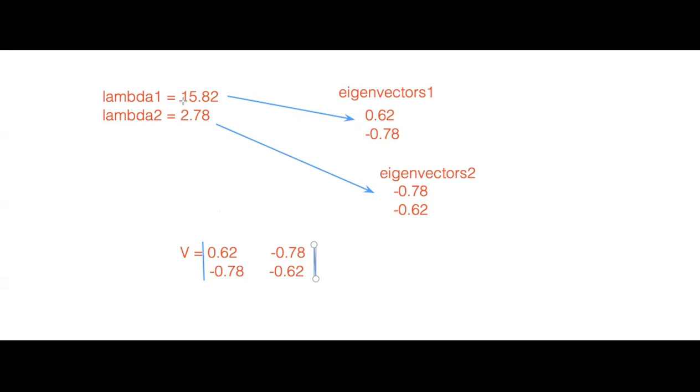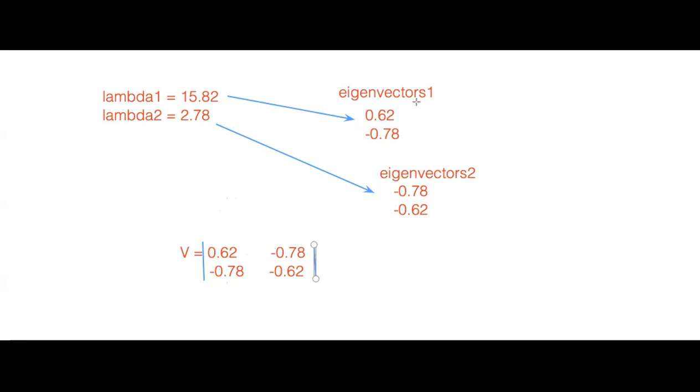First thing that we need to do, we need to sort the eigenvalues in descending order. After that, we get the eigenvectors that correspond to each lambda value. Then we put eigenvector 1 into the first column, and eigenvector 2 into the second column.